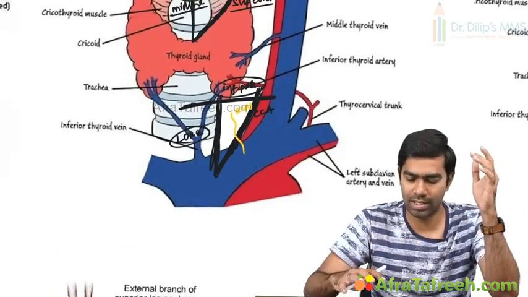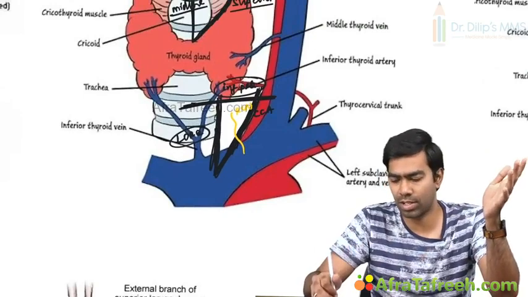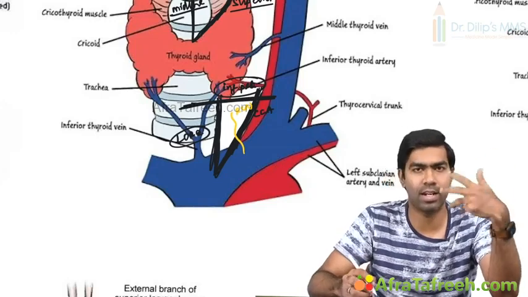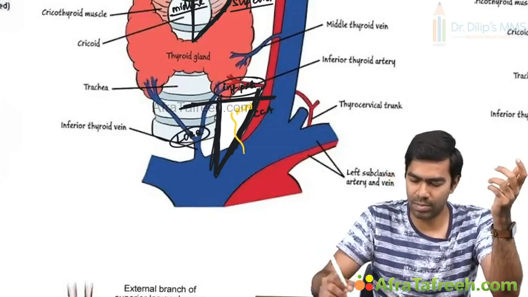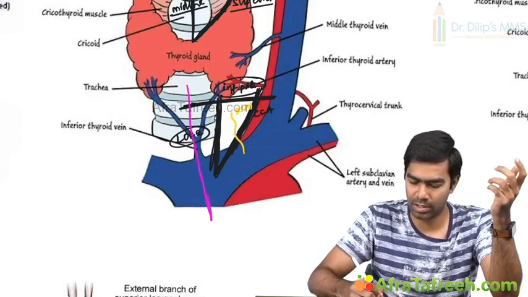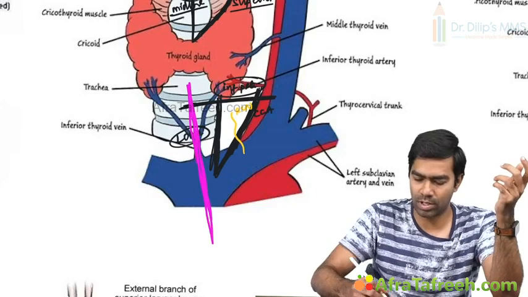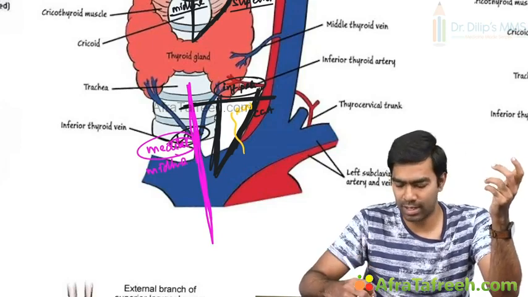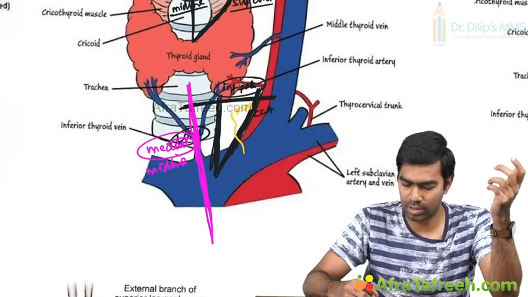Clear? And there is a second triangle, which is a very big triangle again. That is going to be the RLN triangle. In the recurrent laryngeal nerve triangle, it's a very big triangle. The midline is going to be on the medial side. So the medial aspect will be the midline itself. And on the lateral side, it's going to be the strap muscles.